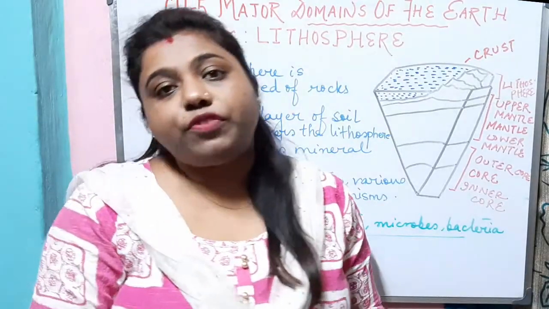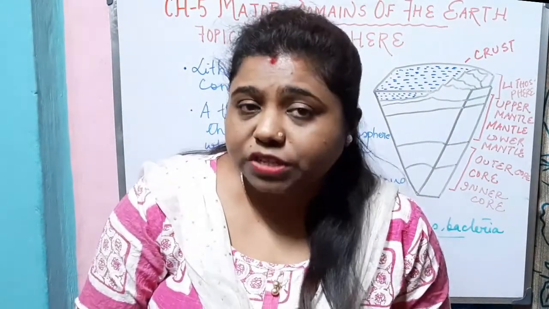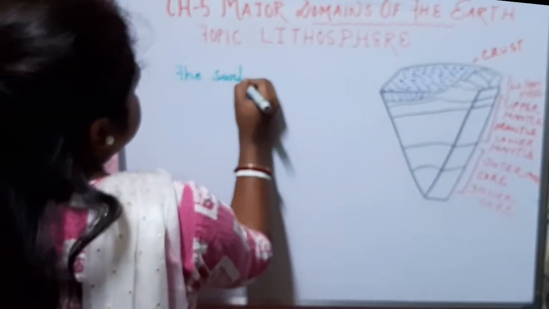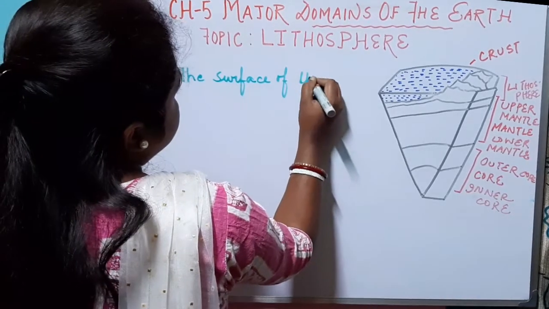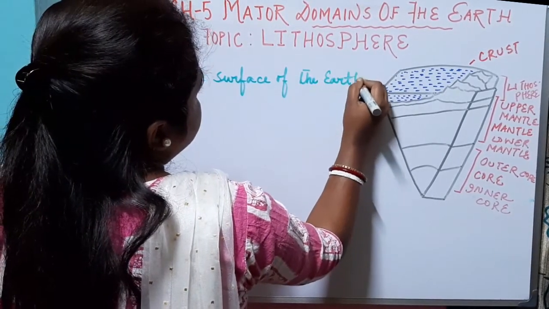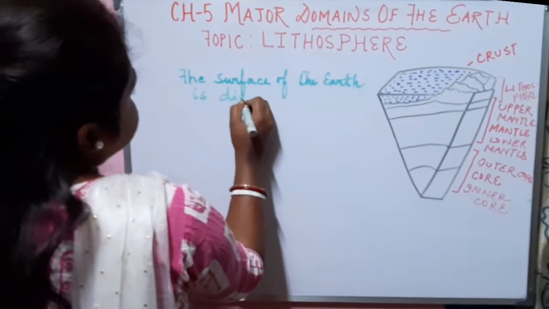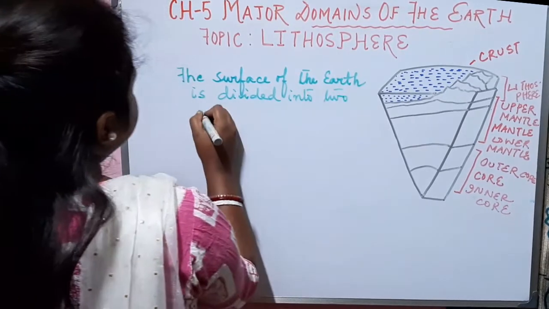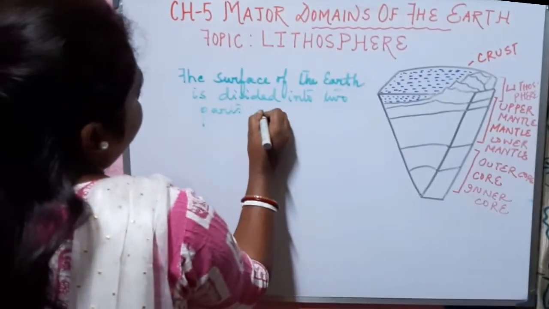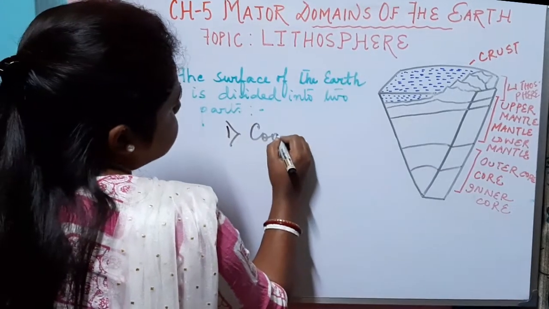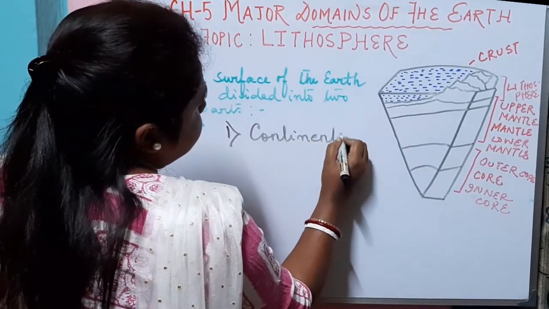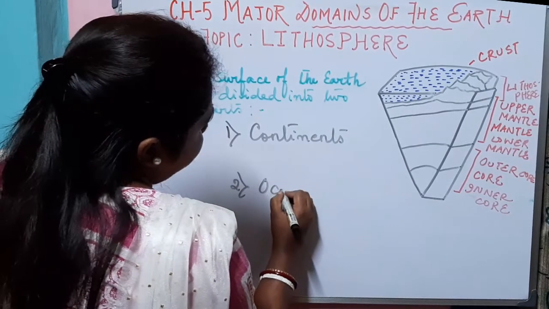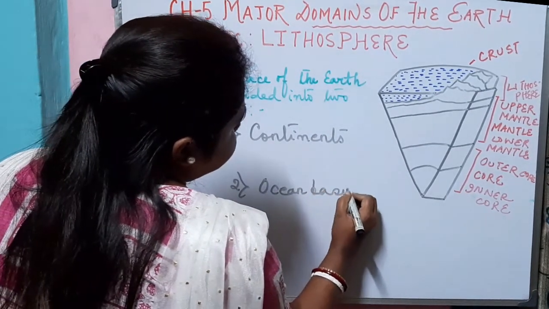Now the surface of the earth can be divided into 2 parts. Let us know which are the two parts into which the surface of the earth is divided. Number one, continents, and number two, ocean basins.